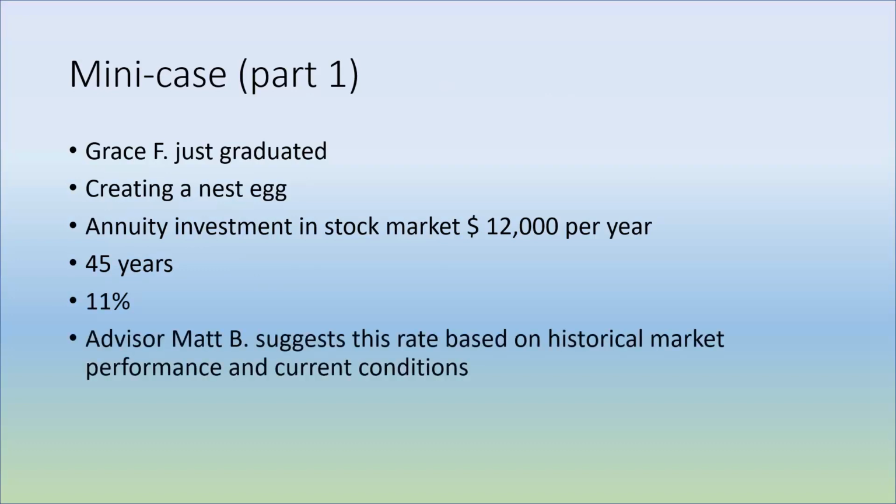So she approaches advisor Matt B and asks for a suggestion. Matt B, the expert that he is, given his experience in stock markets, says 11% in a simple overall stock market. So Grace F invests $12,000 for 45 years at 11%.